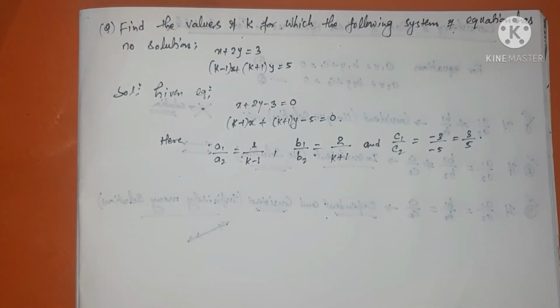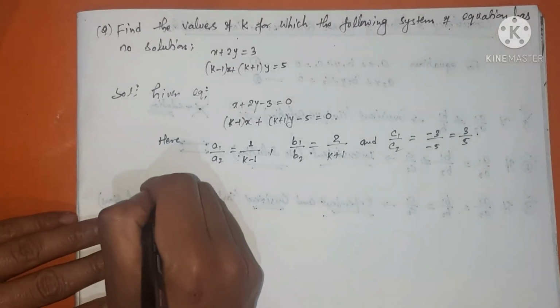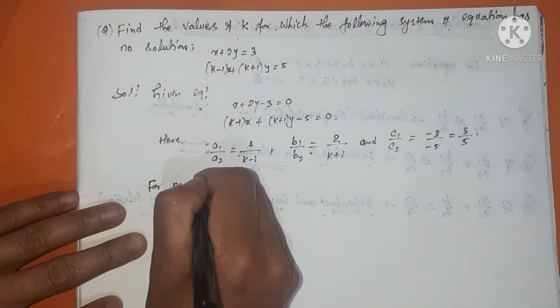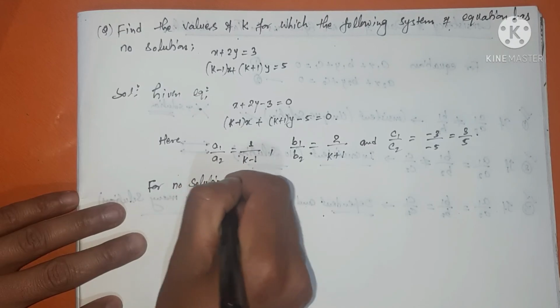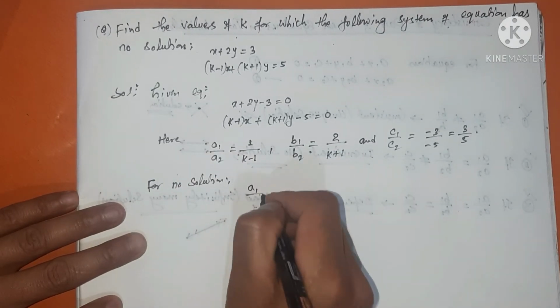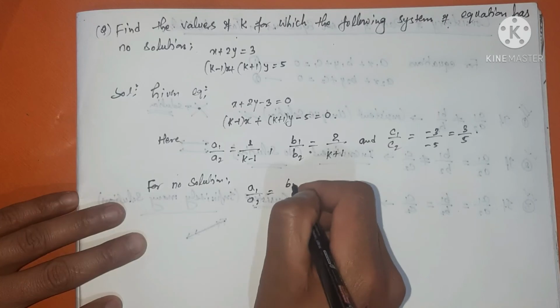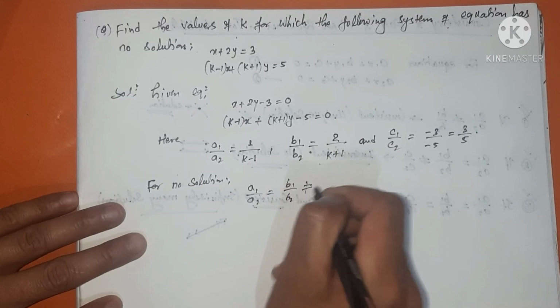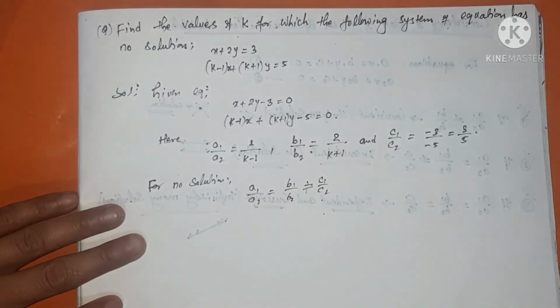Now the condition for no solution: a1 by a2 is equal to b1 by b2 but not equal to c1 by c2.